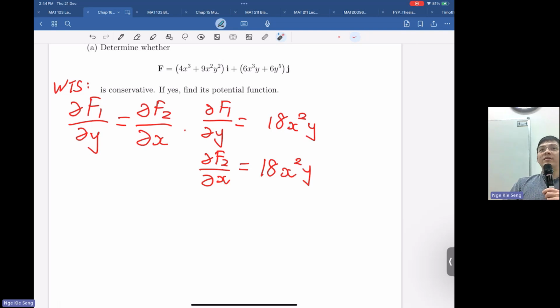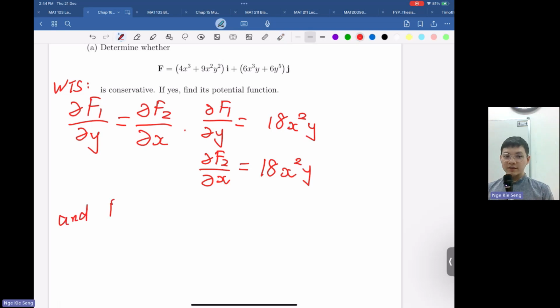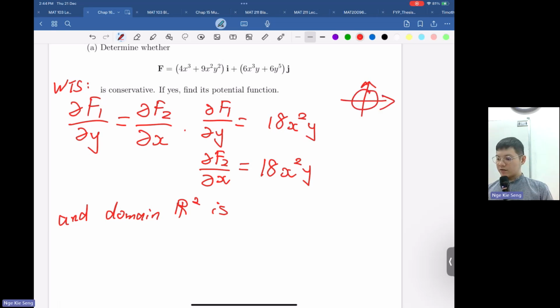So is R2 open simply connected or not? It's open, right? Because it's the whole space. Is it simply connected? Yes. If you form any simple closed curve inside R2, you can shrink the circle into a point. It's open simply connected.